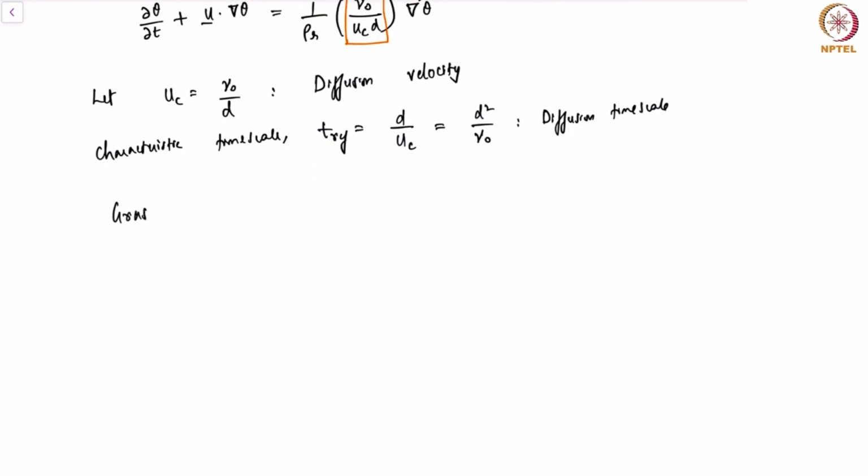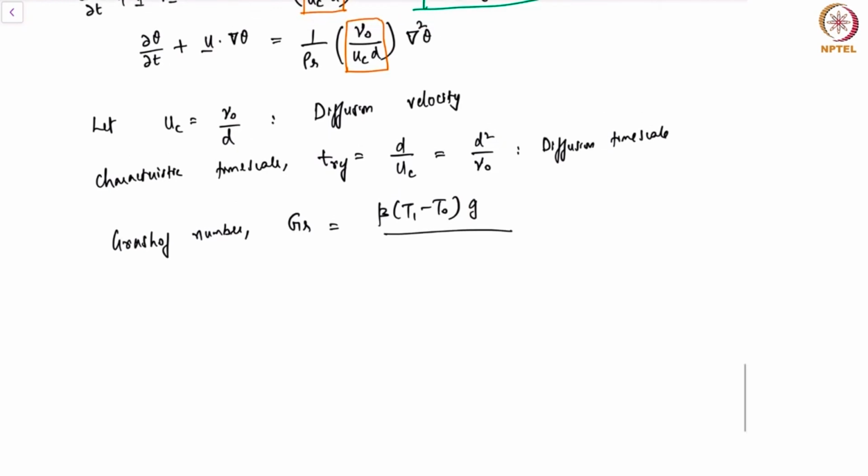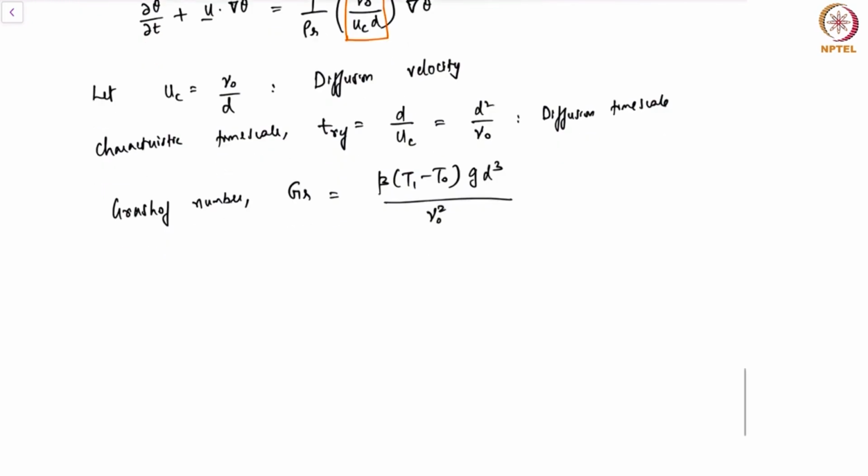It's called the Grashof number, that is Gr, and this Grashof number is beta t1 minus t0 into g, we have a d there, but now we also have uc at the denominator. If I substitute the expression for uc, I am going to get nu naught square times d cube. This number tells us the ratio between buoyancy force to viscous force.